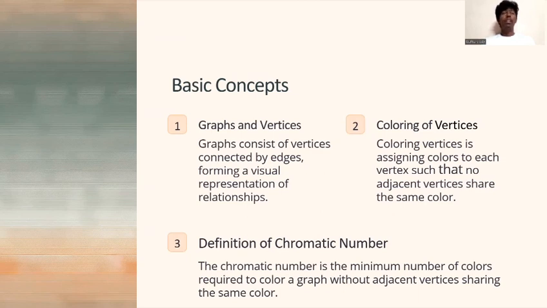Coloring of vertices means that in a graph, when we color the graph, no two adjacent vertices have the same color. So that's what the coloring of a graph means. And the definition of chromatic number: the minimum number of colors that are required to color the graph is called the chromatic number.